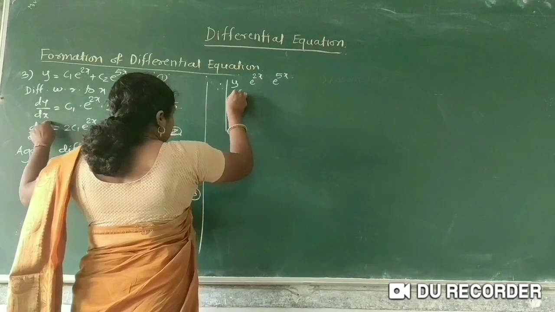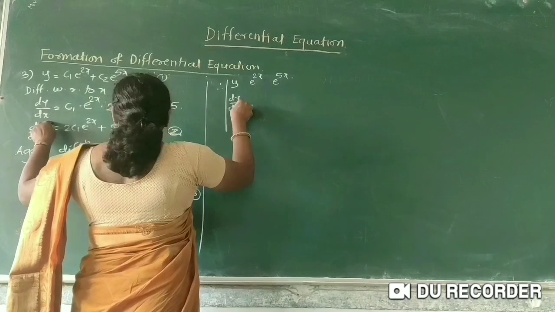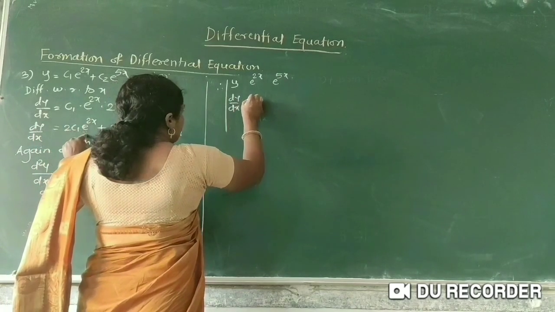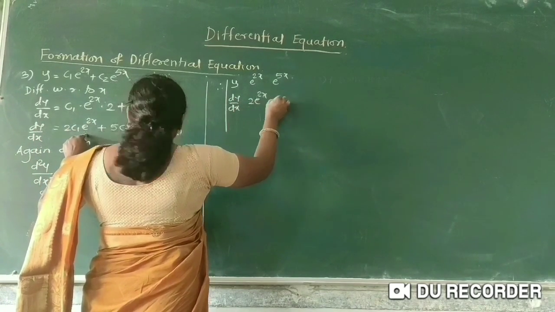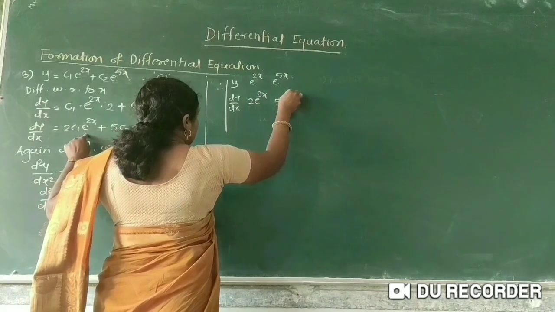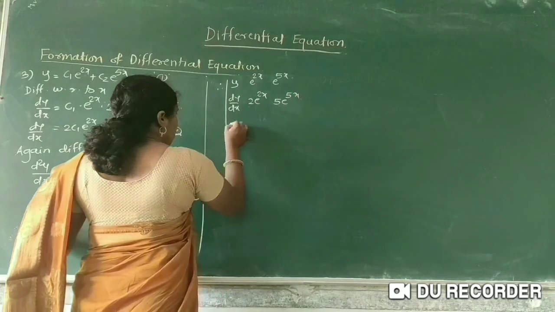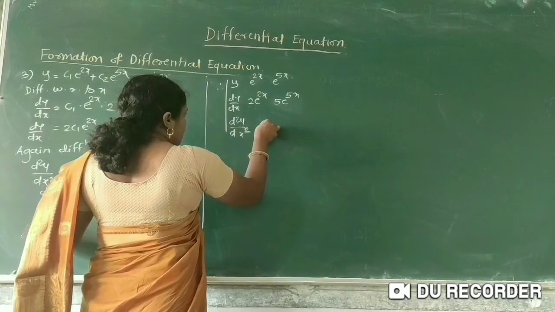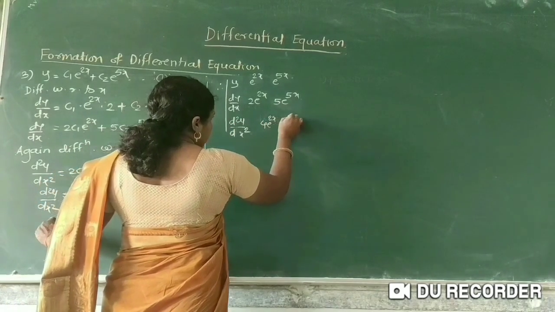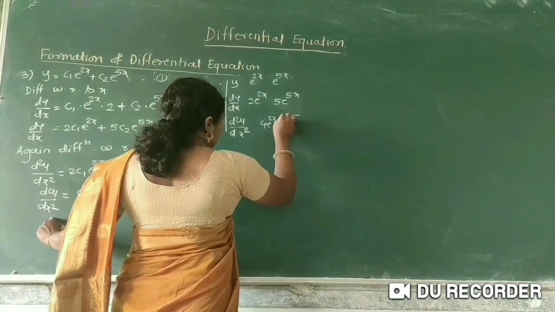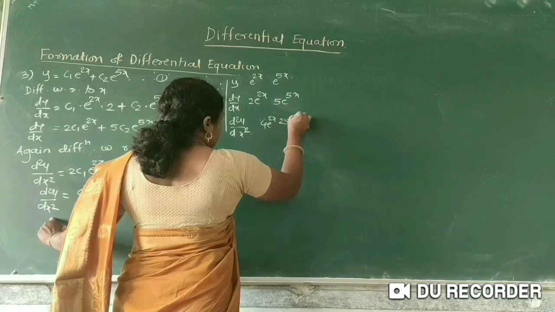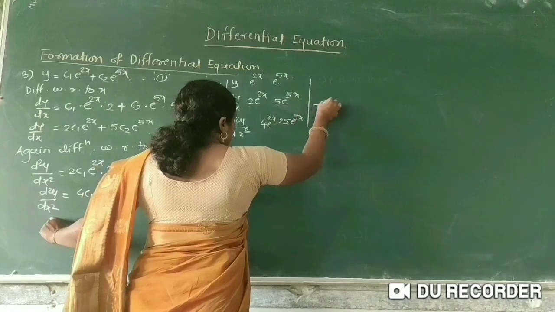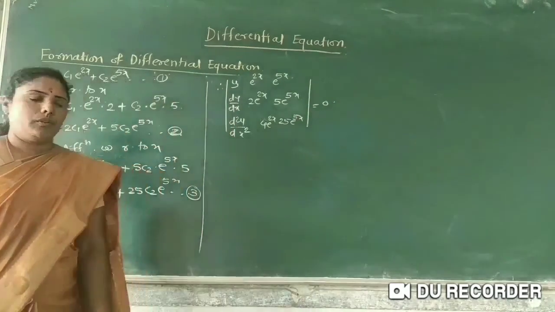Next, in second equation, dy by dx, 2 into e raised to 2x, 5 into e raised to 5x. In third equation, d2y by dx square, 4 e raised to 2x, 25 e raised to 5x, and value of this determinant is 0.